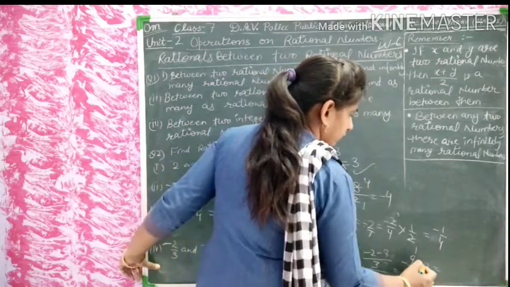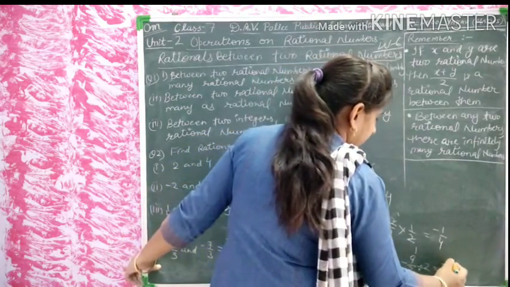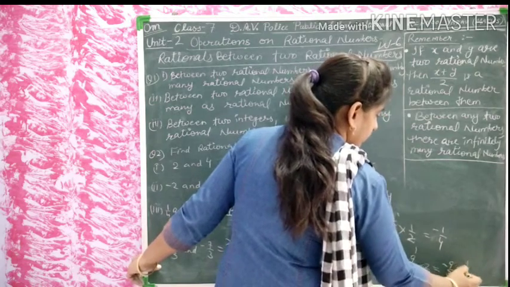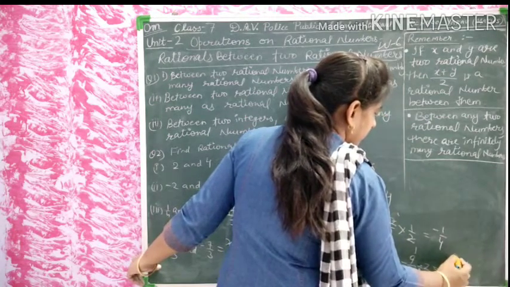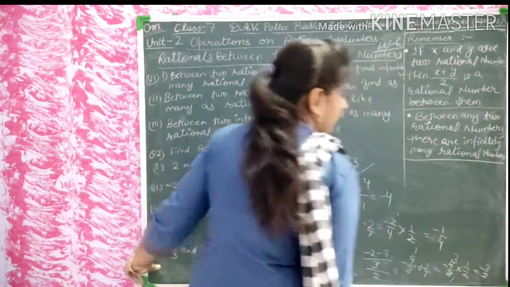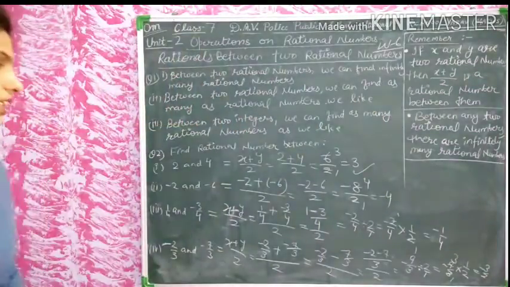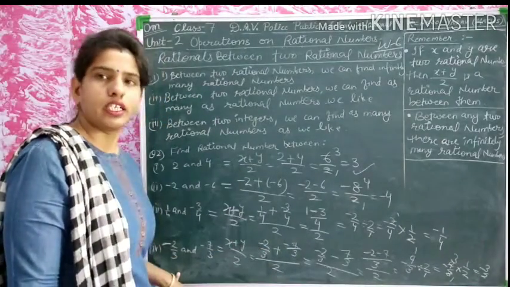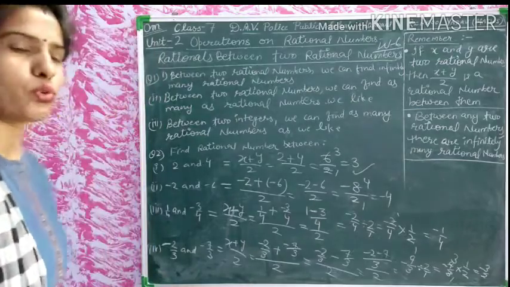That equals minus 9 by 3 multiplied by 1 by 2. 3 1 is 3, 3 3 is 9, and that equals minus 3 by 2. This is the answer, the rational number between these two numbers. Is this clear, students?